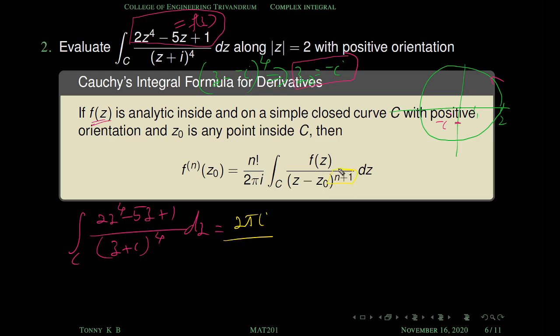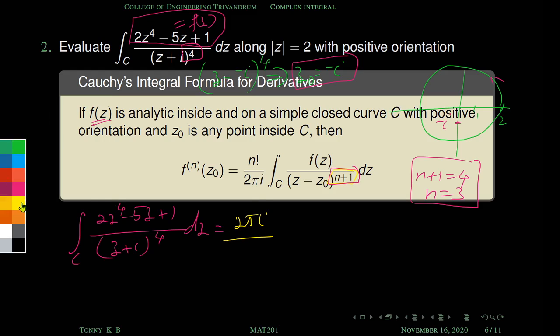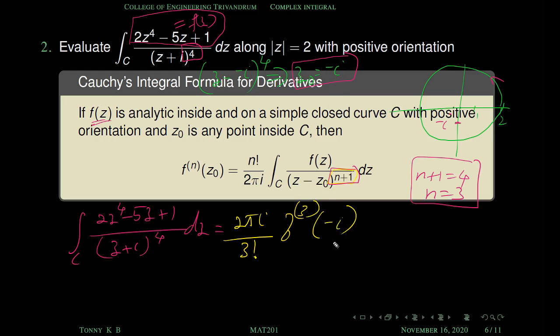Here n plus 1 is 4, so n equals 3. So n factorial becomes 3 factorial, into f3, the third derivative, of z0. Here z0 is minus i. That's all. So this is the idea.